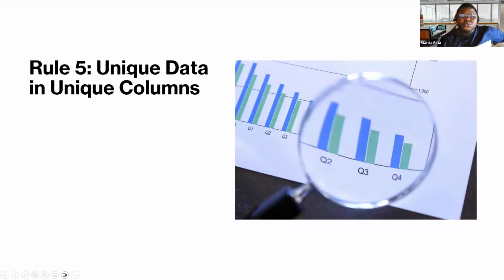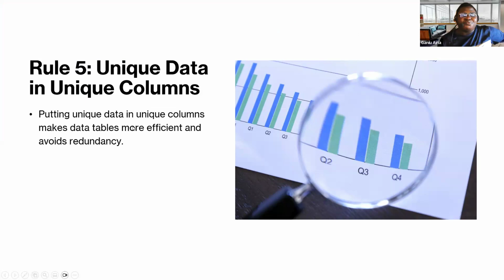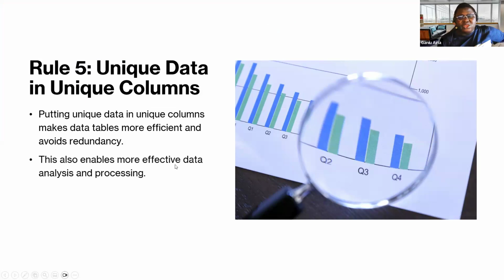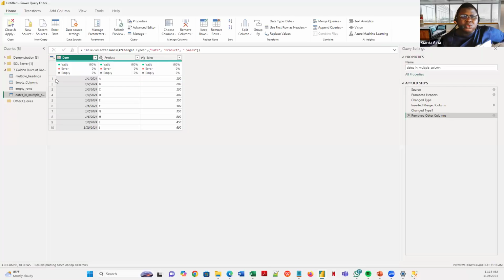So, unique data, the unique rule. When we get into the data modeling, you will understand the importance of this. Putting unique data makes the data table more efficient and avoids redundancy. This enables effective data analysis and processing. So I'm just going to be telling you what unique is all about.